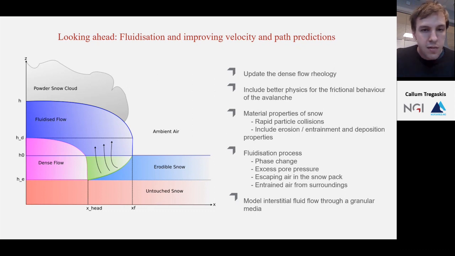And then if there are phase changes, which we know from radar data of the snow, we get this entrainment, and then it forms a dense core, but then we might get fluidized regions at the front and on top of the flow, before it generates a powder snow cloud. So these are the sorts of properties that we're going to try and model during my postdoc.